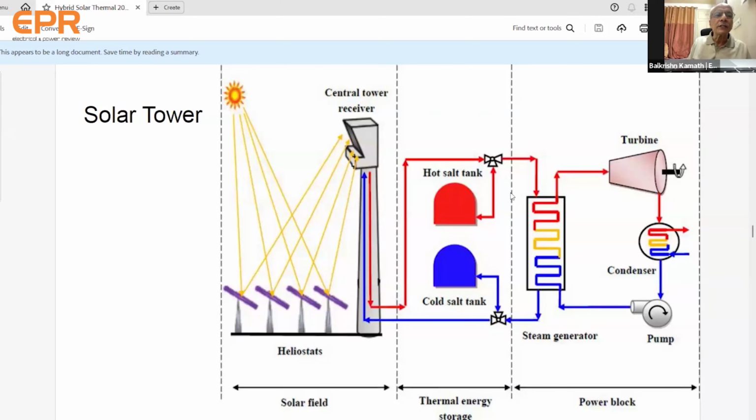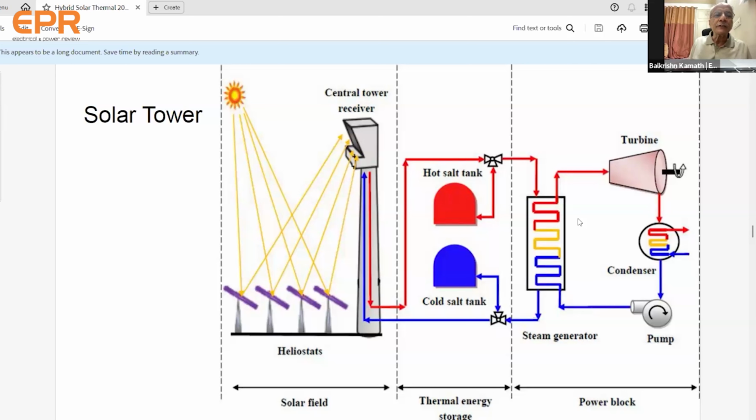This is another technology, solar tower. Here many heliostats are there. I will tell you what a heliostat is. You can see the sun rays coming down on the ground, and the reflectors there, single supported reflectors. They are called heliostats. The name heliostat comes from helios meaning sun and stat meaning static.